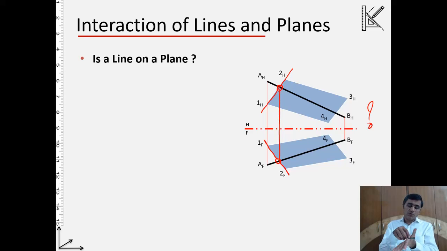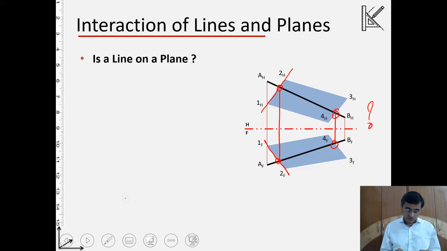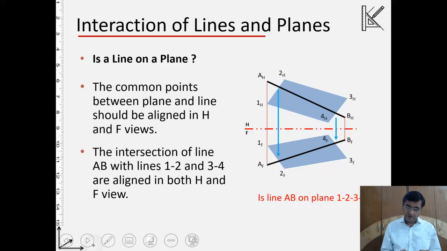So this single point of the edge of the plane and the line which is intersecting here, on the horizontal view and on the frontal view, will be aligned along the projector. Similarly, on the other side you can see these two are also aligned. Because both the ends of this are aligned, we can say that this line is on the plane.